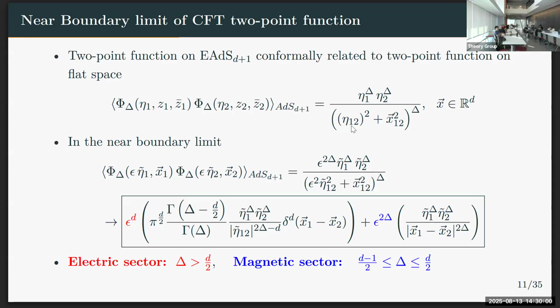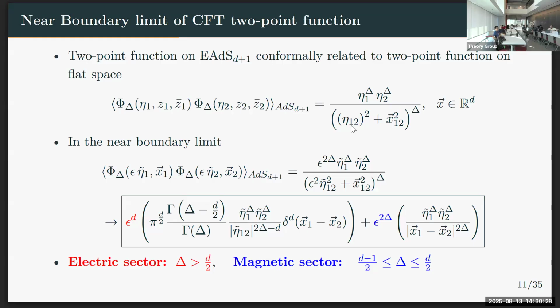Right. So in the near boundary limit, eta goes to epsilon eta tilde, and this becomes of this form. Now there are two different cases: when I expand in epsilon, I get two branches of the correlation function. One is this branch, which is multiplied by epsilon^d, and another is this branch, which is multiplied by epsilon^{2 delta}.